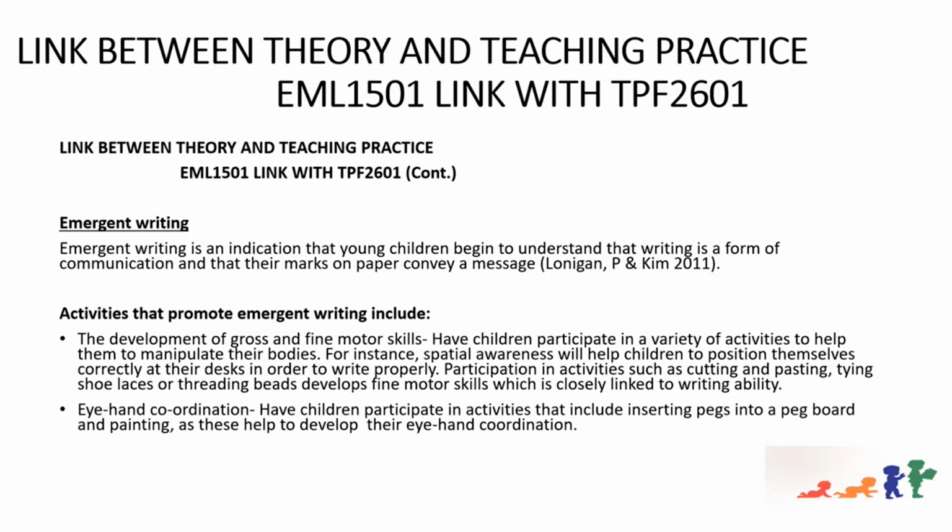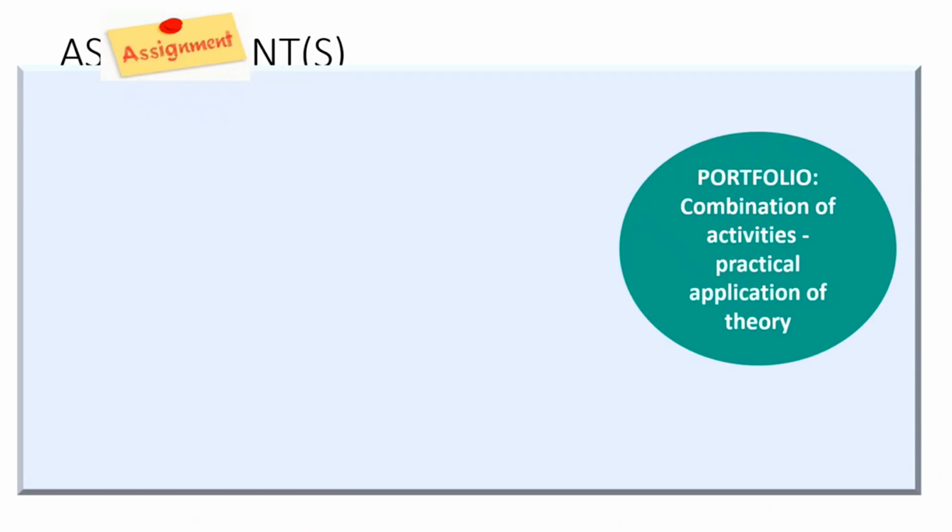Participation in activities such as cutting and pasting, tying shoelaces, or threading beads develops fine motor skills, which is closely linked to writing ability. Eye-hand coordination: have children participate in activities that include inserting pegs into a pegboard and painting, as this helps to develop their eye-hand coordination.